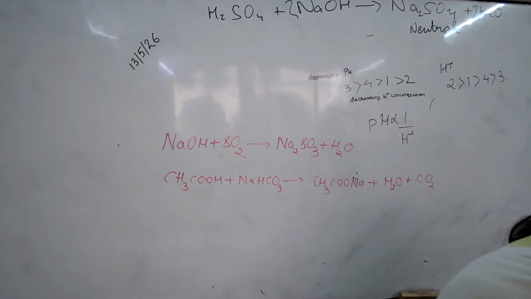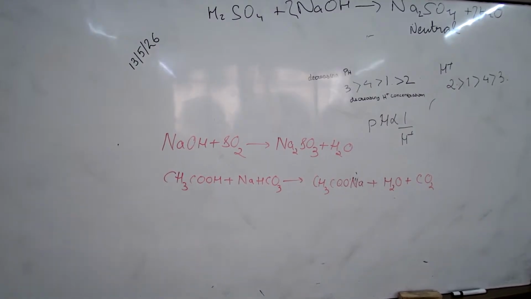But even though we have taken concentrated acetic acid and dilute HCl, which will be strong and which will be weak? Concentrated will be stronger, isn't it? Out of dilute and concentrated, which is stronger? Concentrated. So here, concentrated acetic acid is a weak acid.